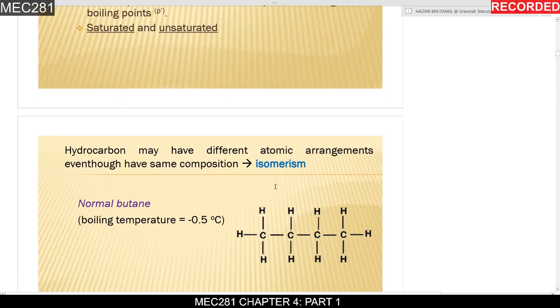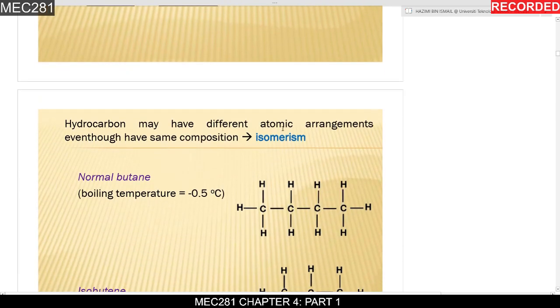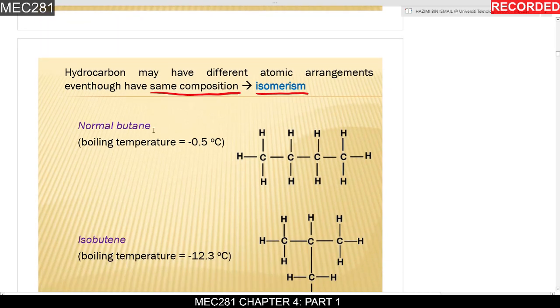Okay, so hydrocarbons may have different atomic arrangements even though they have the same composition, which we call isomerism. So this is the term for the same composition. Take normal butane. Bu here means 4, so there are 4 carbons: 1, 2, 3, 4.